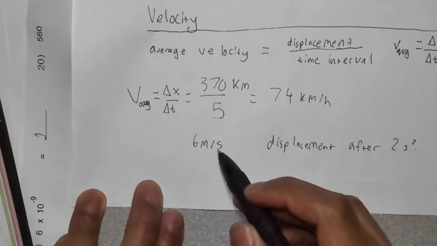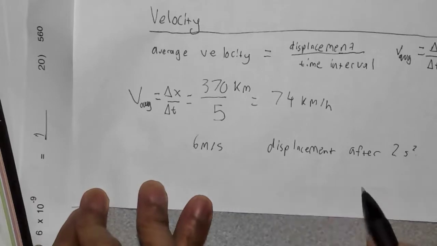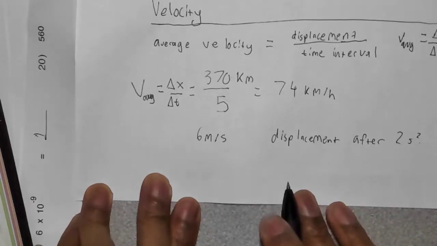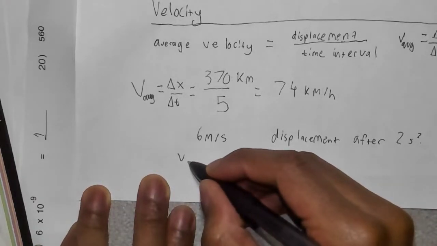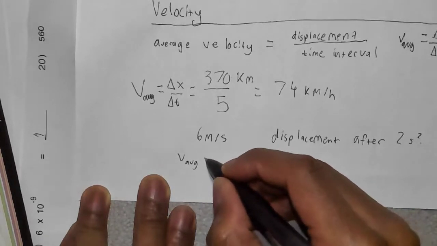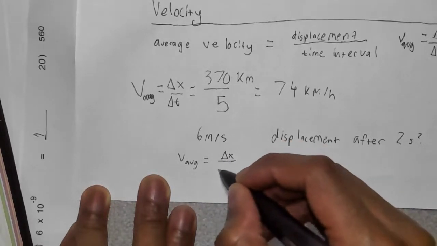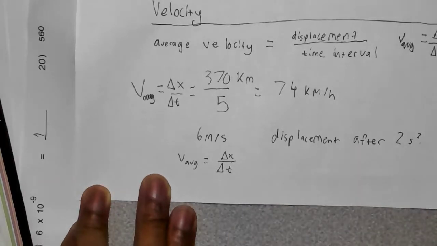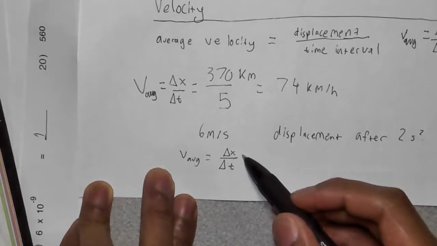So we have the velocity, average velocity. We want to find displacement. Let's take another look at that equation. Average velocity equals displacement over time interval. But this time we want the displacement.